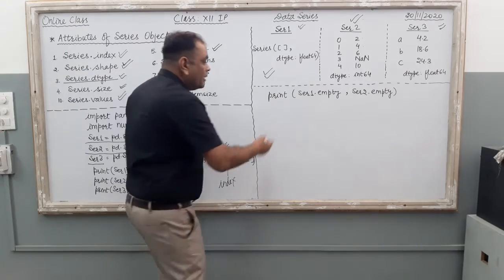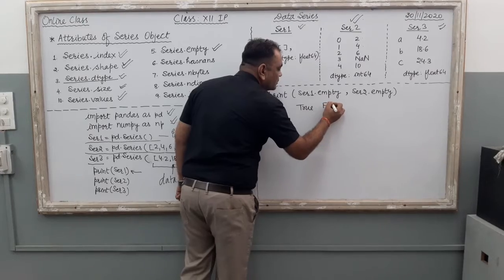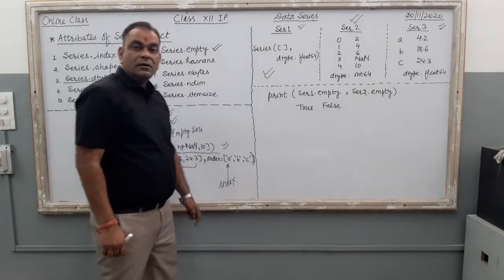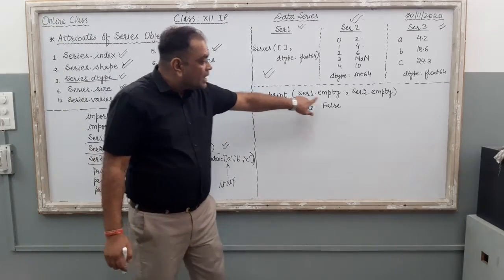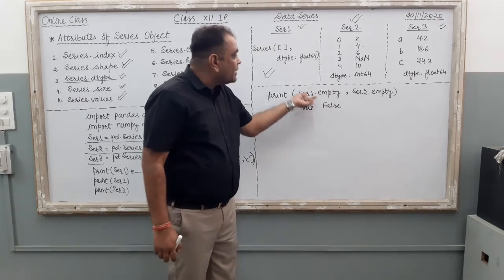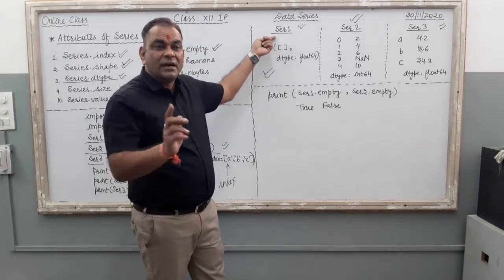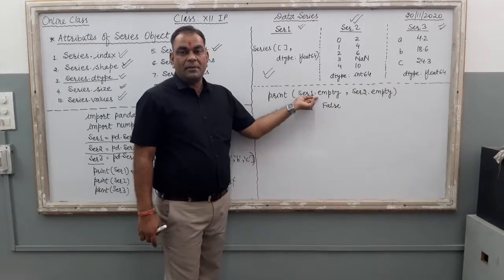What will come on the monitor? Written in front of me is true, false. How did it come? One came true, the other came false. How? Here with the print command I supply 2 different printing options. ser1.empty, the computer is going to check whether series 1 is vacant, it is empty. So here the result is true for ser1.empty.